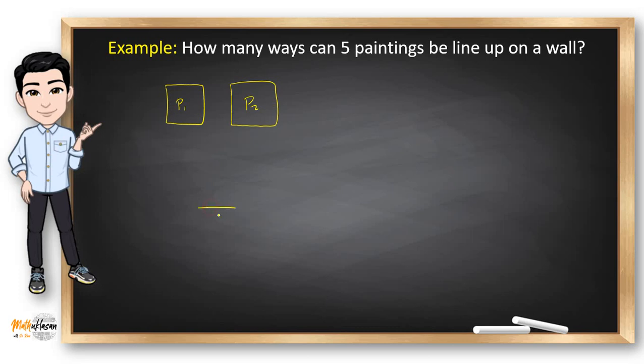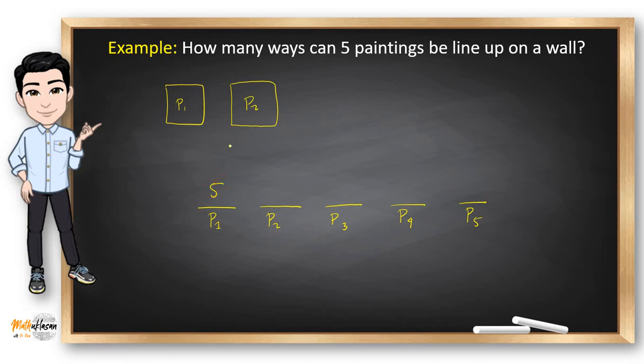Okay, so we have the first painting here. Then how many paintings do we have? All right, so 5 paintings. So of course we need to put all those 5 paintings on the wall. So I have 5 events here. So 1, 2, 3, then 4, and then 5. Okay, so how many choices do we have for the first area or the first part? We have 5, right?